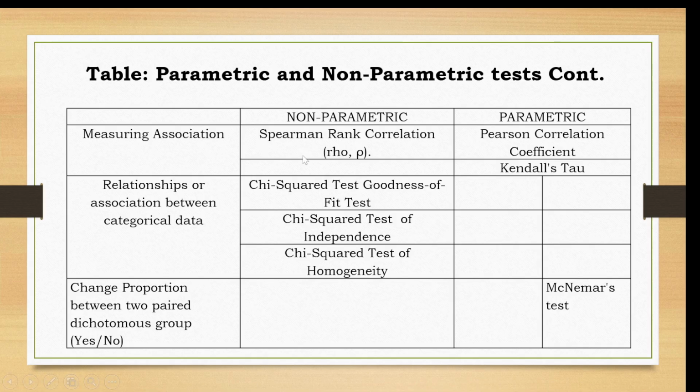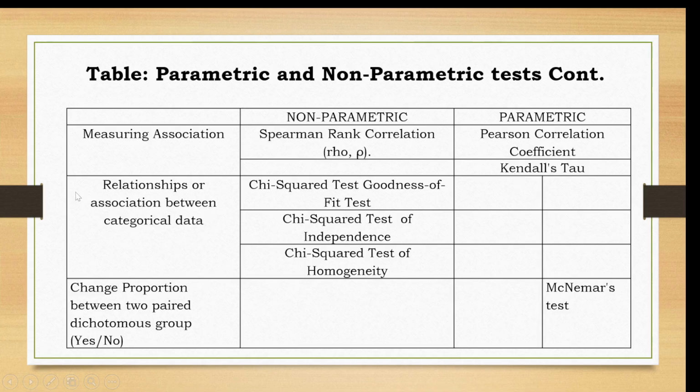So here, when your data violates the parametric assumption, to measure association, you can use the Spearman rank correlation, whereas for the parametric data, you can use the Pearson correlation coefficient.